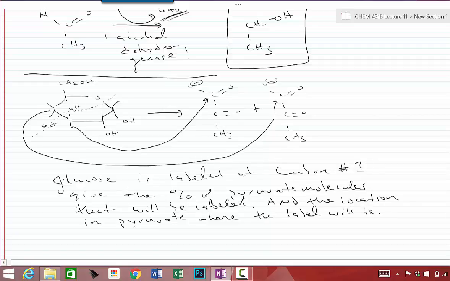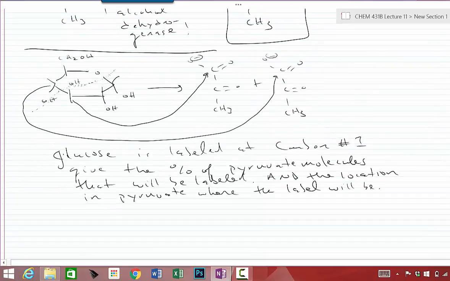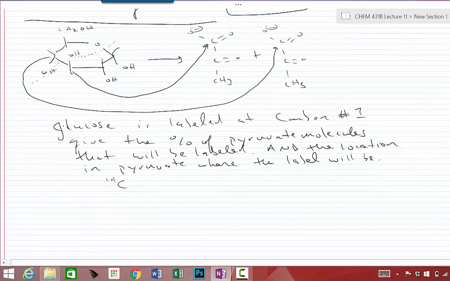Okay? And the label that we oftentimes will use is C14. So C14 is the radioactive label that we use. Okay, so let's see if we can't do this together.